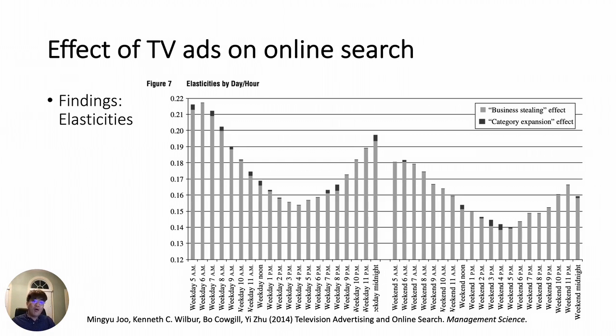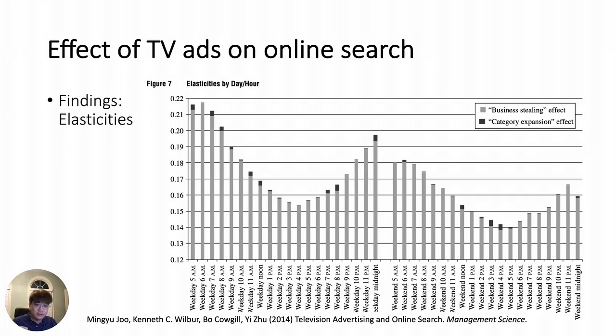Then, how big are these effects? This figure shows elasticities by day and hour. On average, given a 1% increase in a brand's TV ad expenditures, the model predicts a 0.17% increase in its number of brand keyword search queries over the following 96 hours.